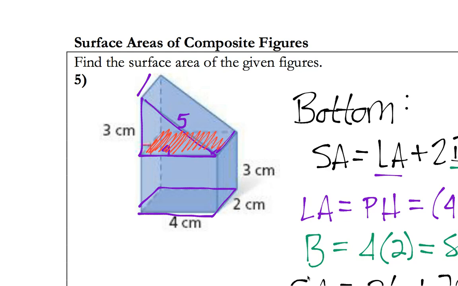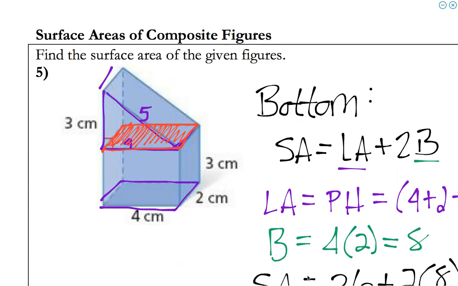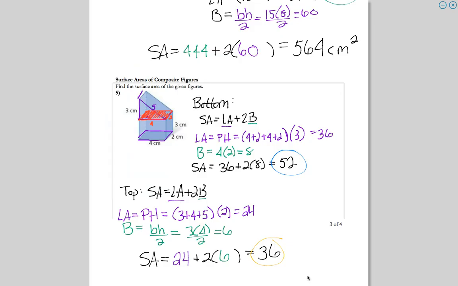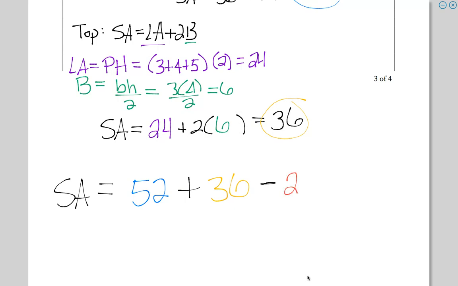on those matching rectangles. That rectangle that I just colored in belongs to the top and it belongs to the bottom. We calculated that rectangle 2 times. And that rectangle is a 4 by 2. So we need to subtract it out twice.